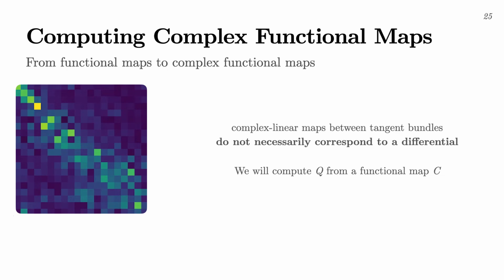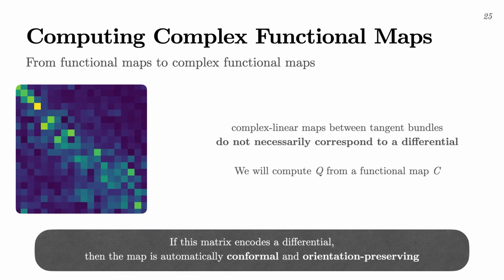Here, we will not reinvent the functional map pipeline, but rather plug our complex functional map extension into it. We will compute a complex functional map from a functional map. If the map can be encoded as a complex functional map, then it means that the original map was conformal, but more importantly, orientation preserving.